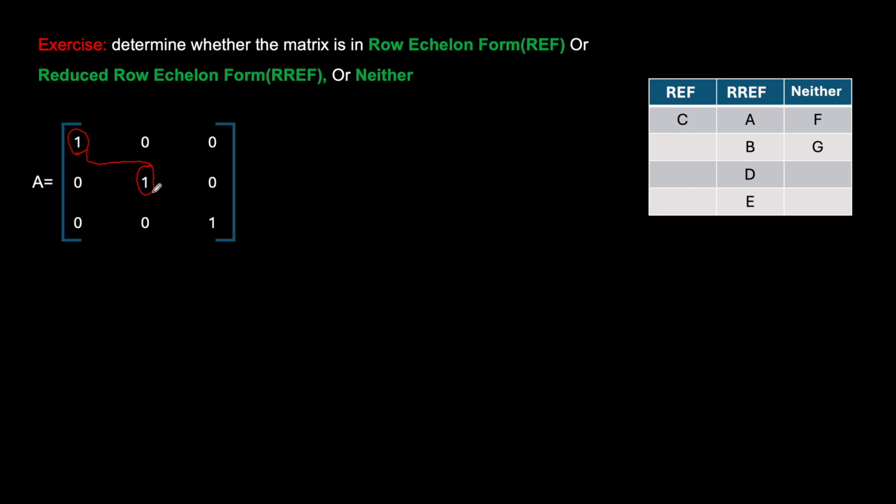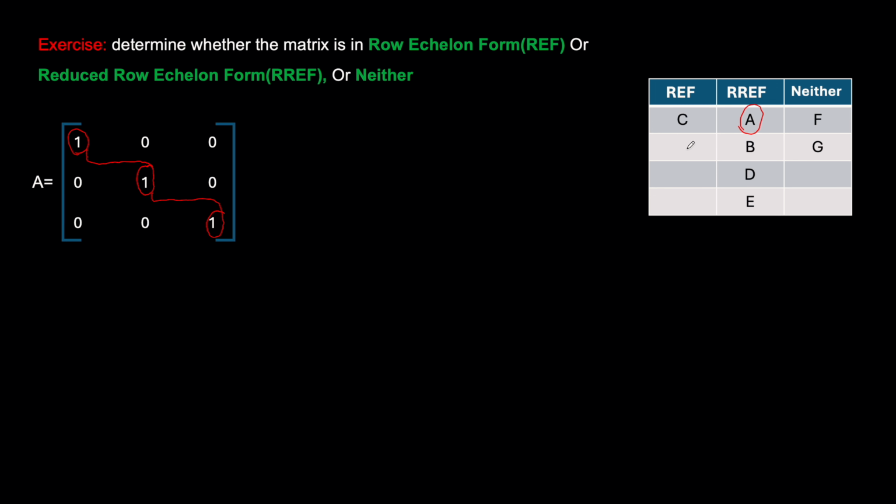We continue. Here we have 1 also, so the condition is satisfied. We have zeros below 1, nothing above, zeros over 1, and zeros below 1, so the condition is satisfied. And here also zeros above 1 and nothing below, so this is in reduced row echelon form.